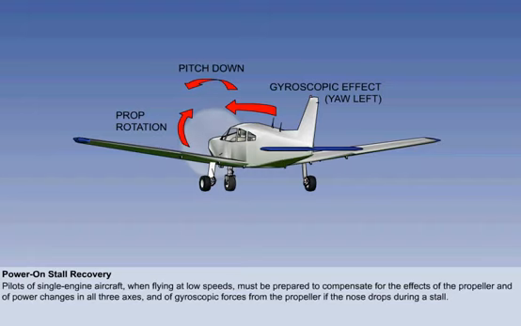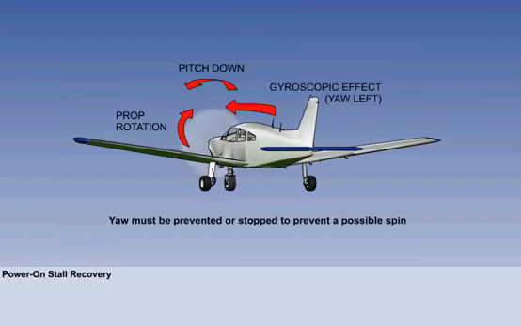Pilots of single-engine aircraft, when flying at low speeds, must be prepared to compensate for the effects of the propeller and of power changes in all three axes, and of gyroscopic forces from the propeller if the nose drops during a stall. It is worth reiterating that any tendency to yaw must be stopped to avoid a spin.